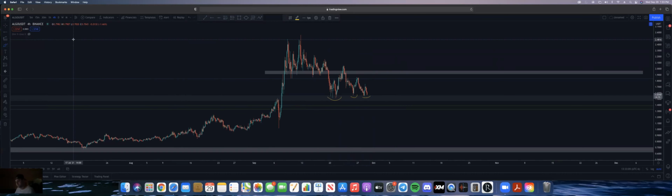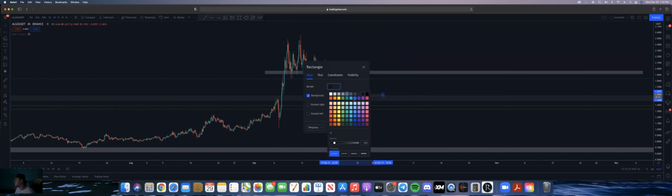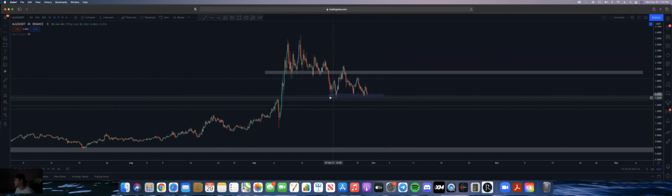I'm going to take my box. I noticed that we have really nice price action right in here. And I'll change the borders so you guys can see these are just 4-hour zones we're looking at compared to our daily. So we have this zone, and then this one up here is what we're playing with.